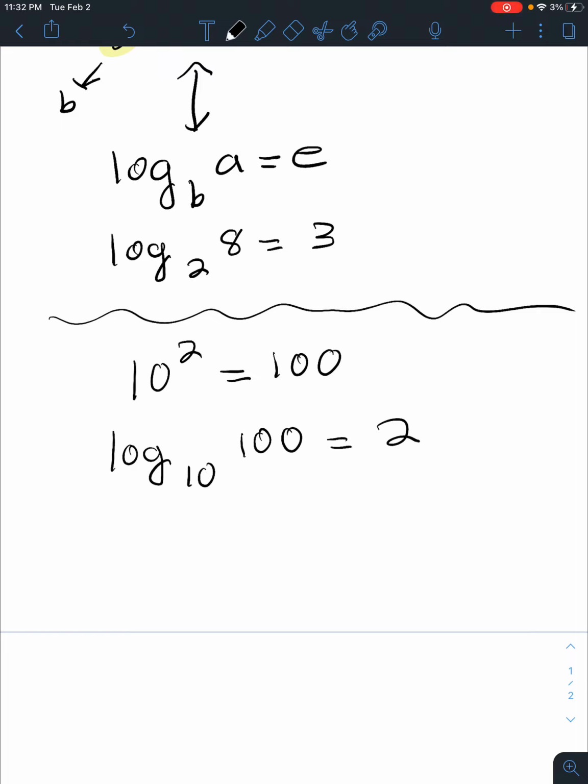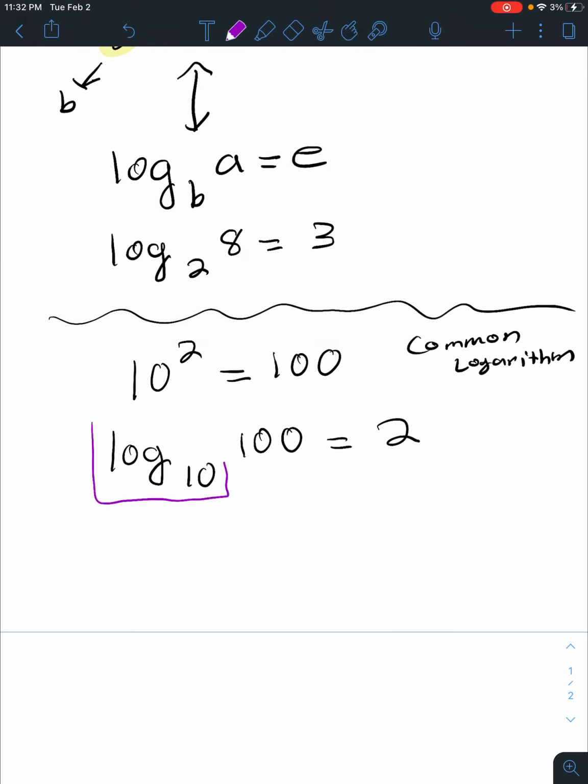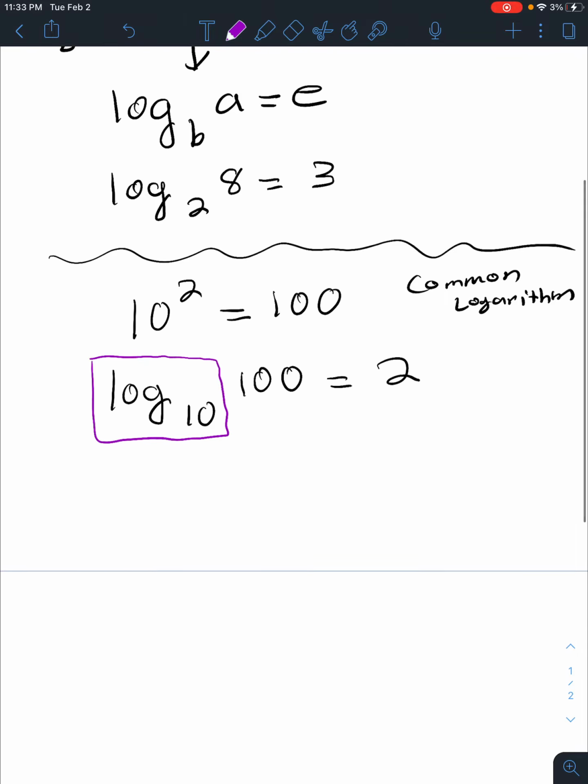We talked about in the past the significance of 10 and how we've used it so often and that we called it the common logarithm. So since this is a common logarithm, this was used so many times that we created a shortcut for this. So instead of writing log base 10 every single time, mathematicians just decided, I'm just going to write log.